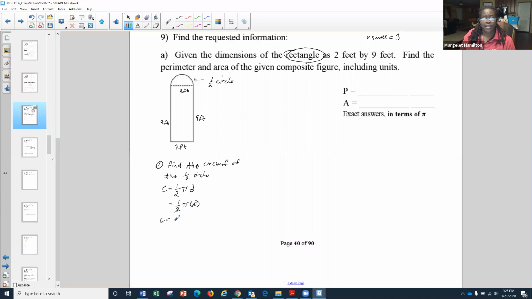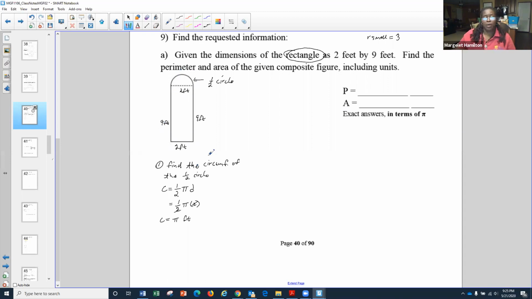And that only leaves us pi feet. Sometimes it's just that simple, y'all. It's not a trick, okay? So we found out that this part up here, this arch here, is just pi. Okay? Now we can find the perimeter.